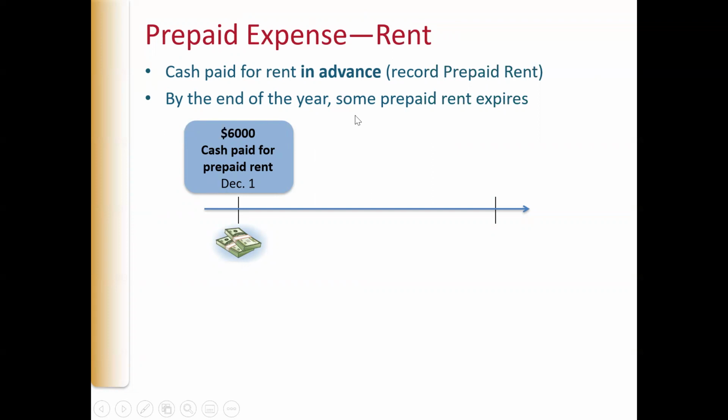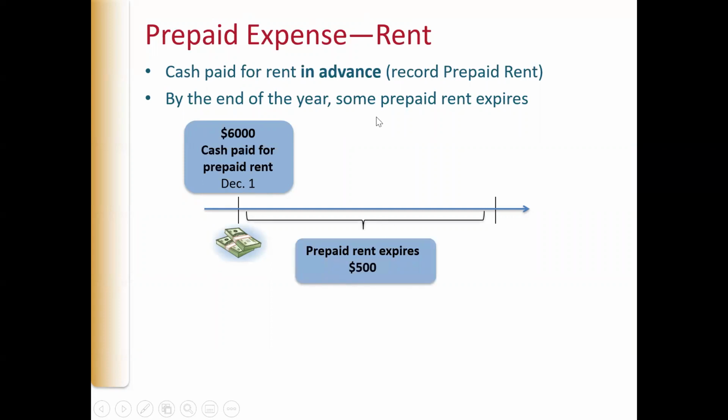But by the end of the year, which is a month, December 1st to December 31st, isn't 1 month of that rent used up? Right? So since 1 month or $500 was used up just due to the passage of time, we need to reduce our prepaid rent and show it to be rent expense.